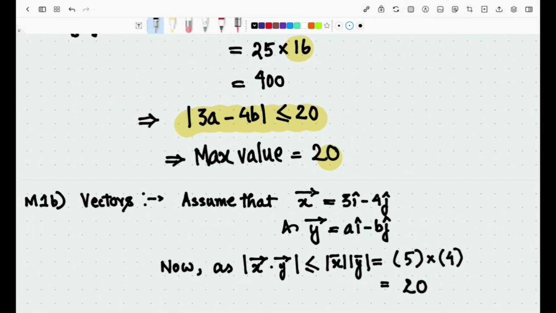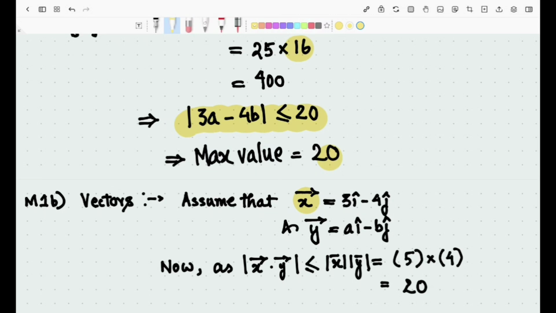So this is the vector solution. In the vector solution, as you can see, I have assumed a vector x, that is 3 i cap minus 4 j cap.